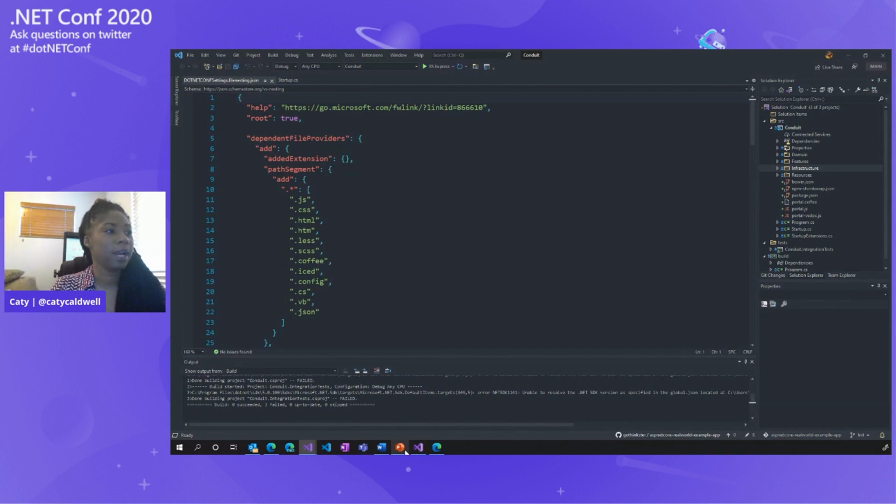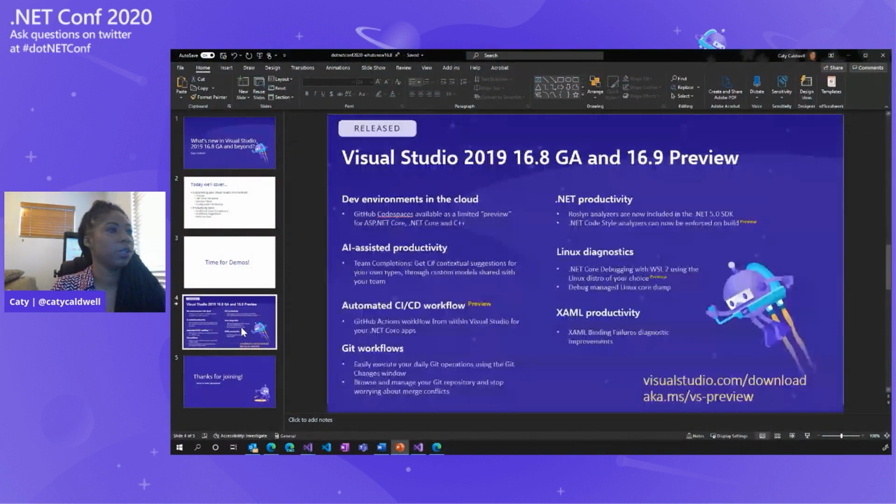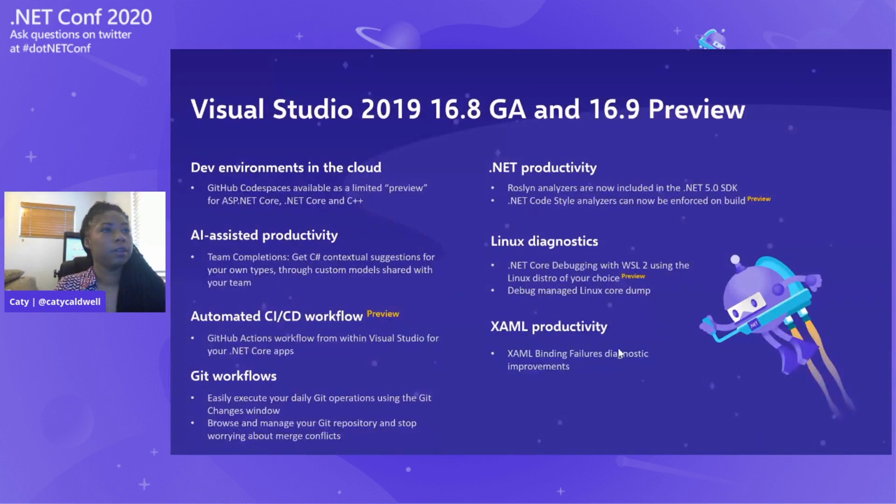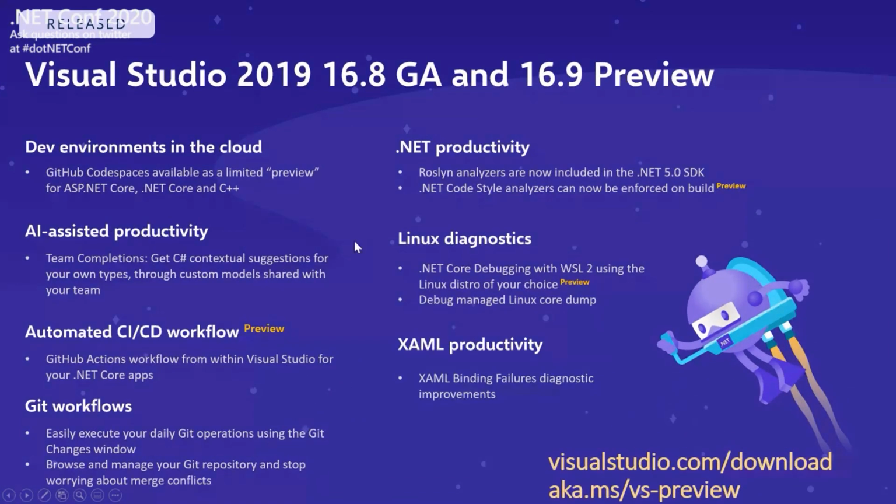Let me go back to my PowerPoint and I can show you some of the things that are coming up. So as you can see, what's coming up next is you'll learn more about our AI assisted productivity and some of the future sessions.